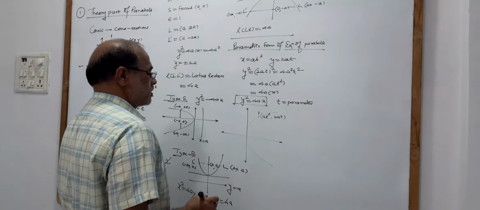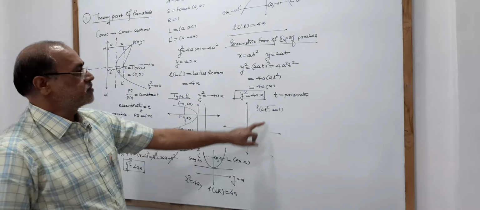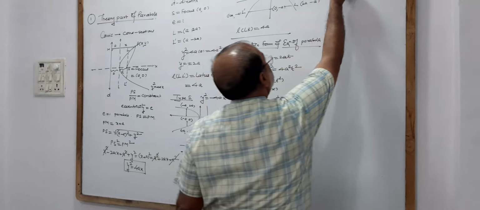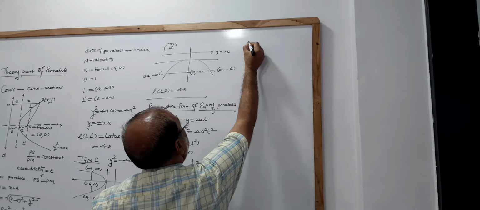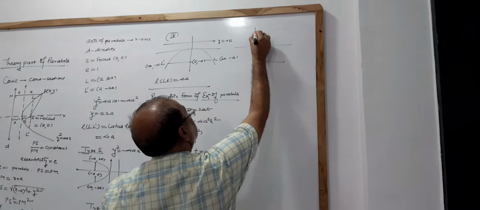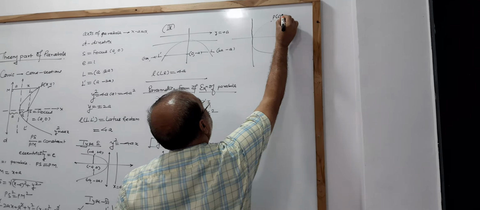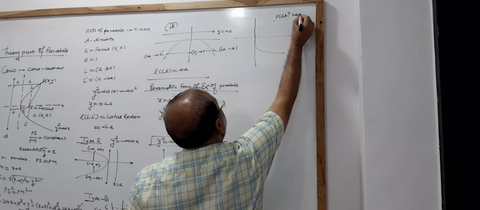Sometimes we have to think about the relation between the parameters. Suppose there is a parabola in this way. Here is a point P, that is (at1 square, 2at1).